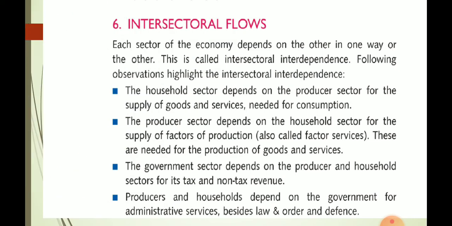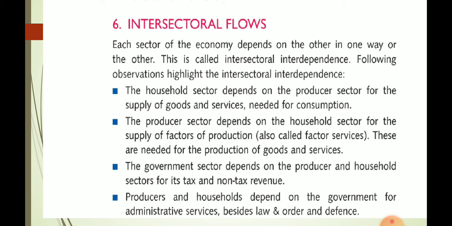Now, intersectoral flows. All these four sectors depend on each other in one way or another. Let me start this topic. The first, household sector depends upon the producer sector for factor income. On the other hand, producer sector depends upon household sector for getting factor services.